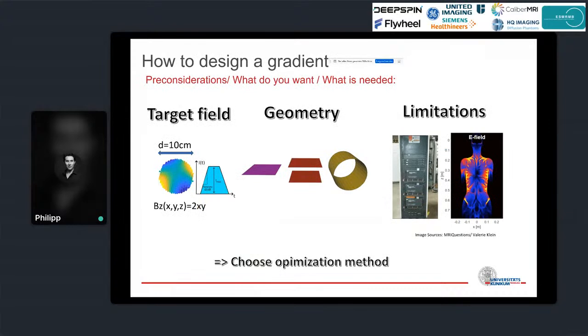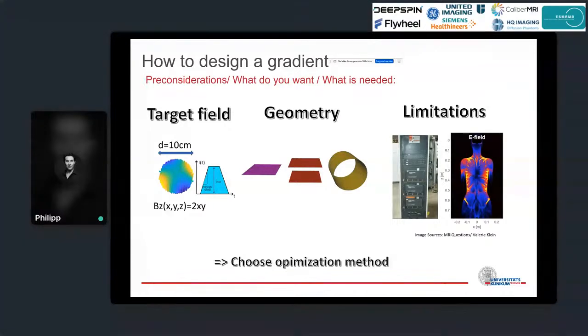And if you want to design a gradient coil, you have to do some pre-considerations. So first, what do you want as an application? Are you interested in resolution or specific contrast?